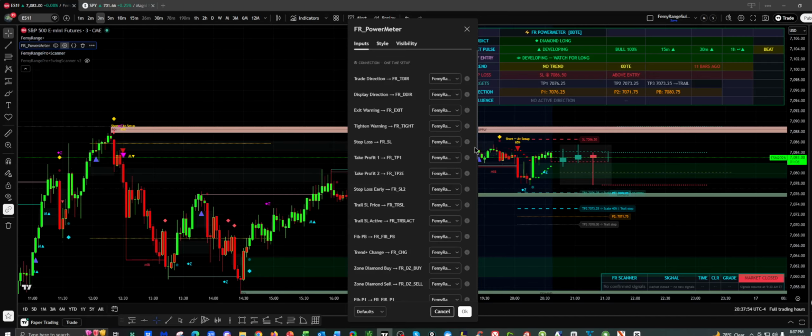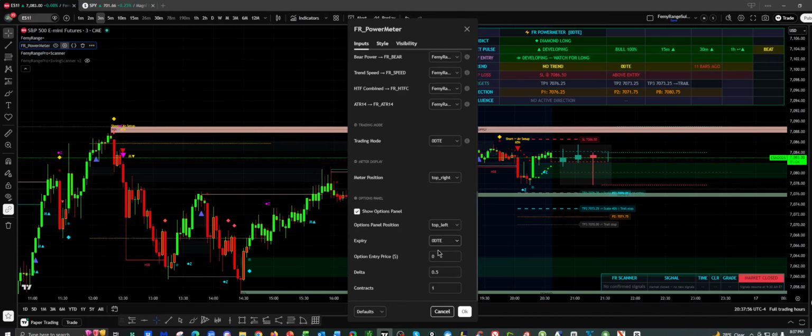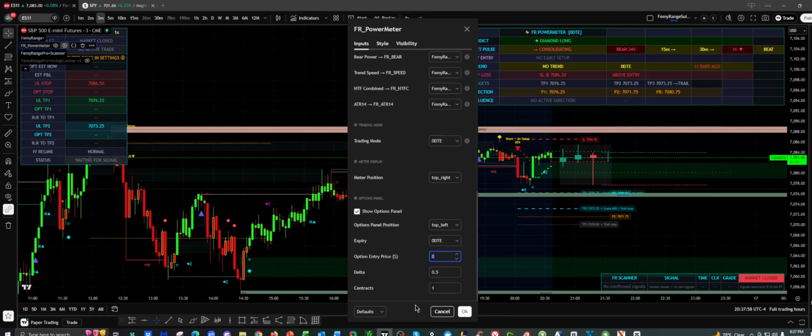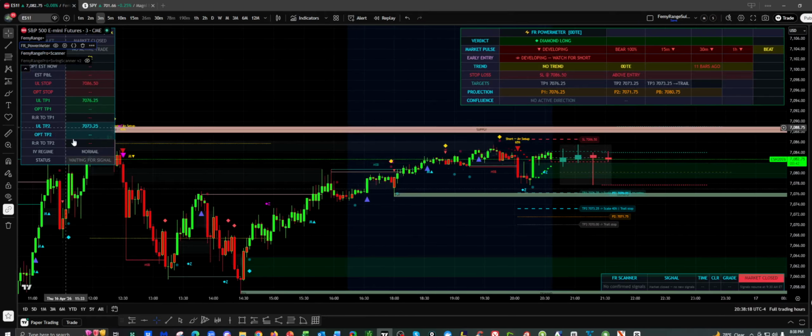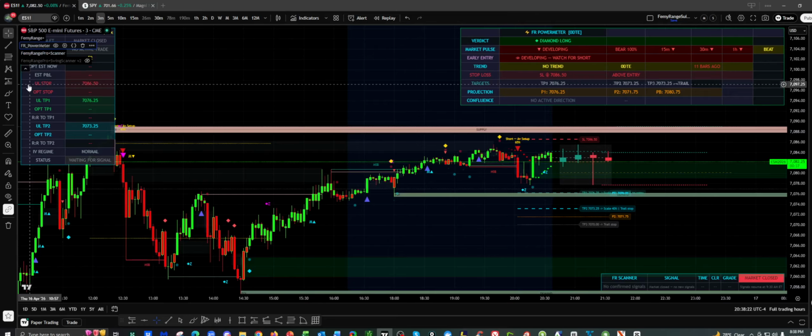Within the option panel, all you have to do is come in here and put your option price. So let's say your option price is $2 and your delta is 0.5 and you have 5 contracts, for example. Just say okay. It will populate this and tell you in real time what the status of that option is, where the underlying stop loss is, and where the option stop loss will be.